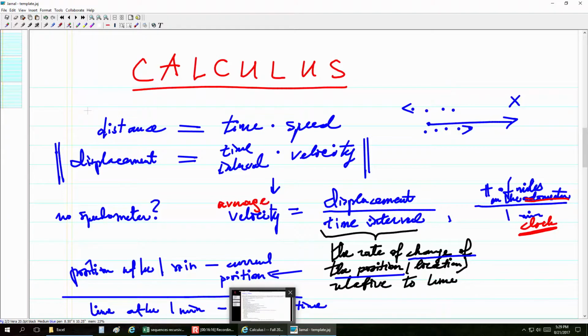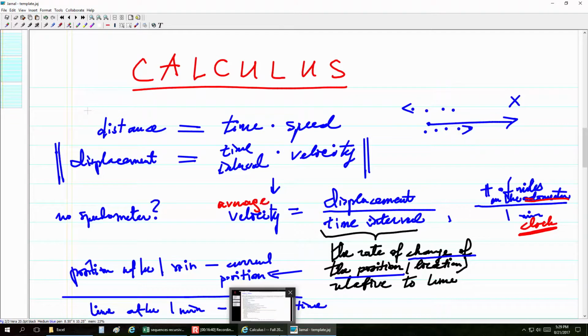What if your speedometer is broken and you use the odometer to compute your speed? Now it's the opposite: suppose the odometer is broken and you want to know how far you went. What do you do?